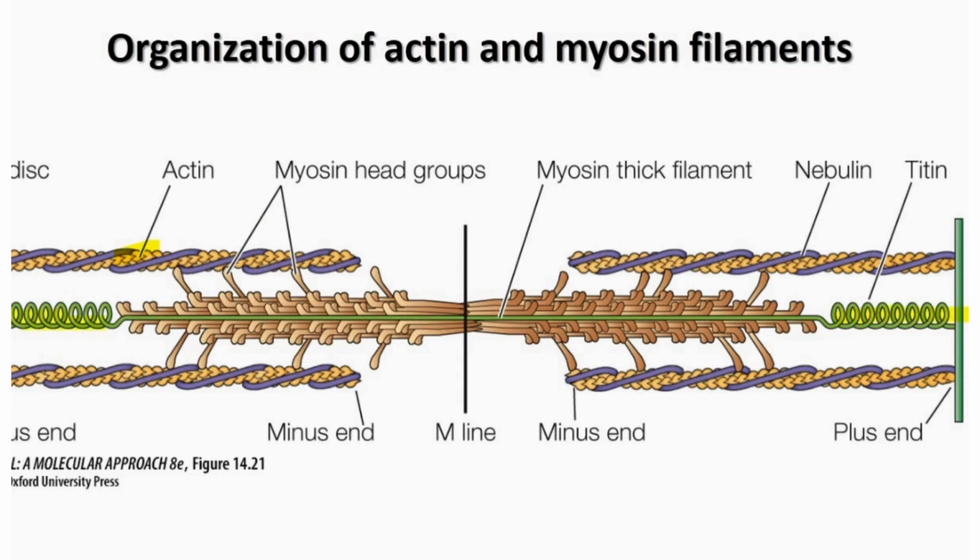So these are some of the essential proteins of muscle contraction, and again we have a plus end and a minus end. We have a distinct plus end and minus end for the organization of actin and myosin filaments.